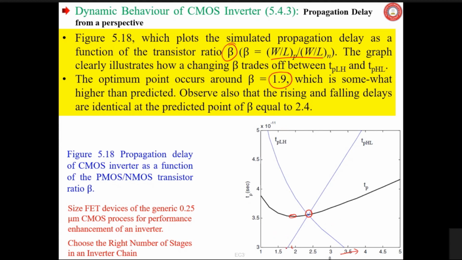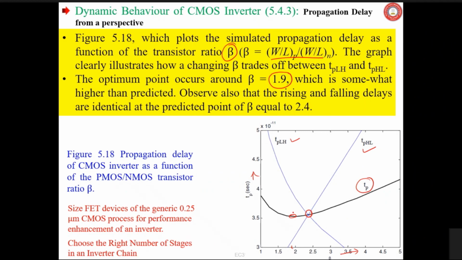If you increase the beta on the x-axis and the y-axis is your TP, what is happening? Increasing this ratio, TPLH is decreasing, whereas TPHL is increasing. And a crossover point will be there where you will get the minimum TP.